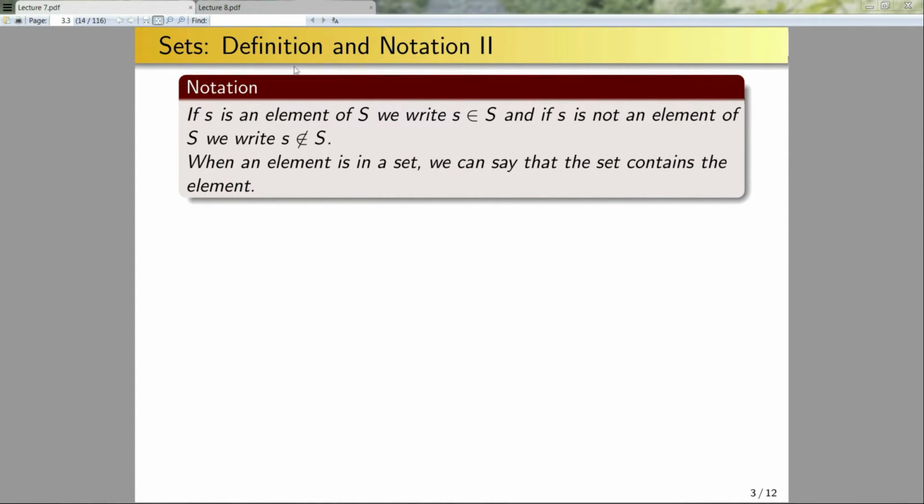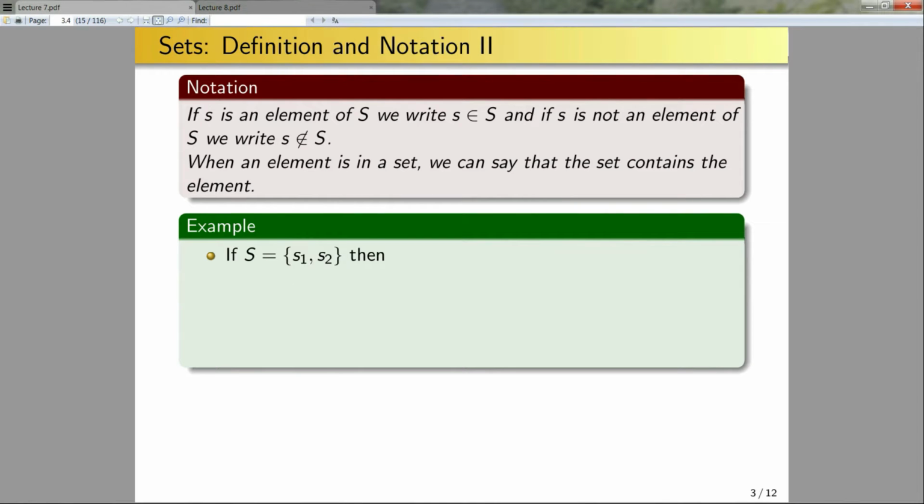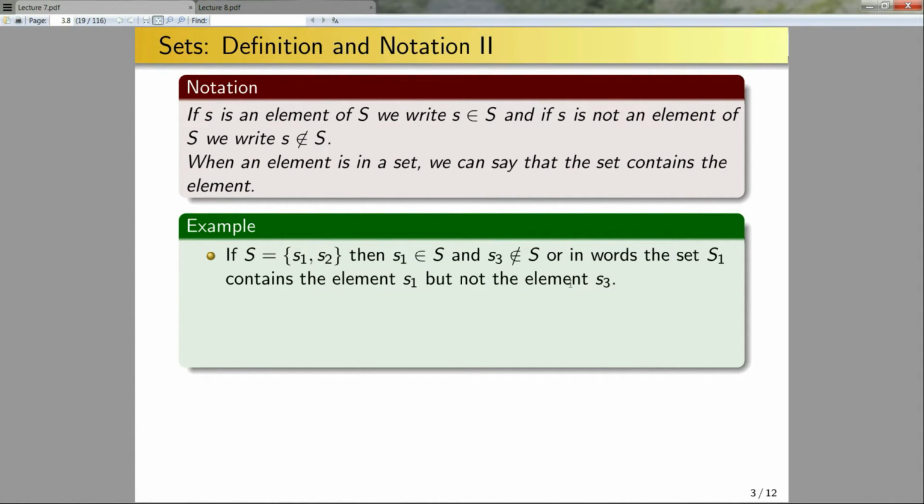So let's see a quick example of this notation. If S is this set containing S1 and S2, then I can say that S1 is in S. I can say that S3 is not in S. So in words, this is explicitly saying that the set S contains the element S1, but not the element S3. And note that this is little s1 and this is capital S1.